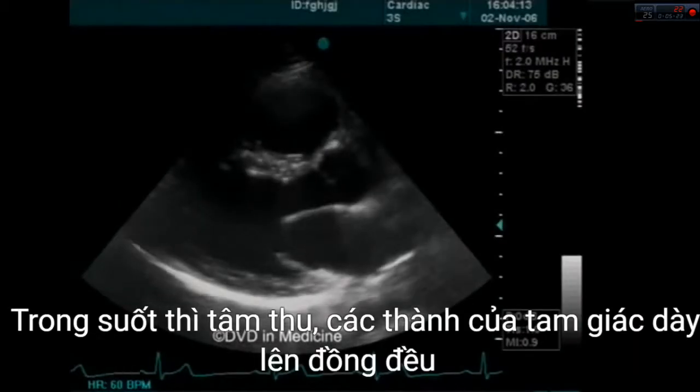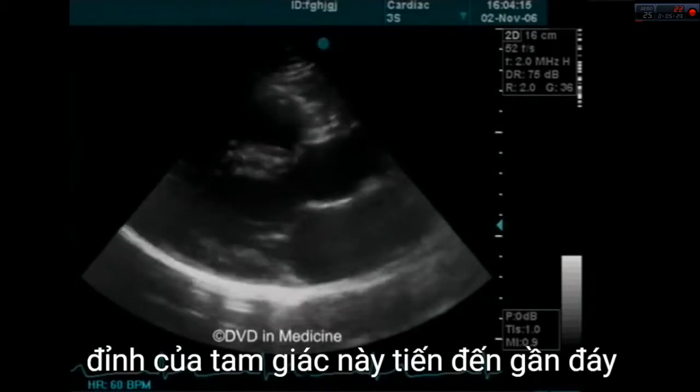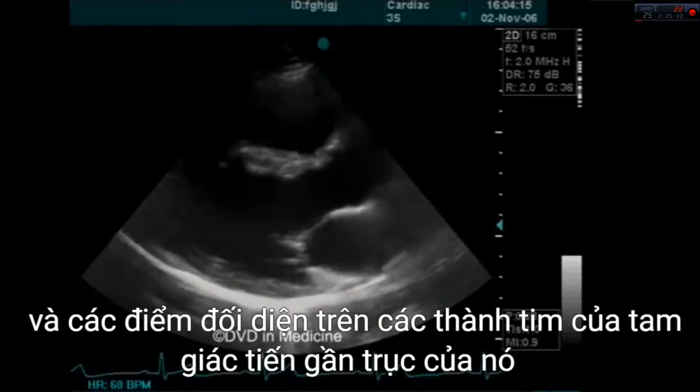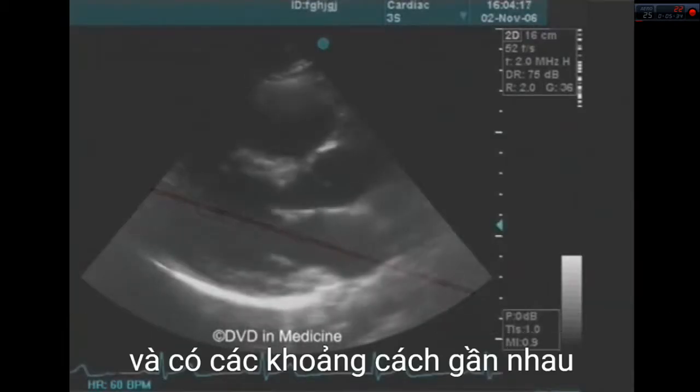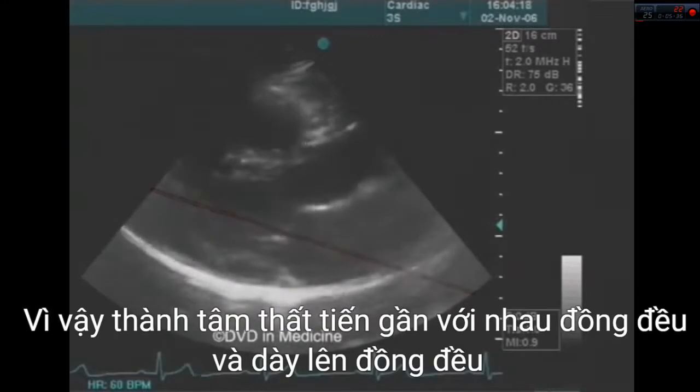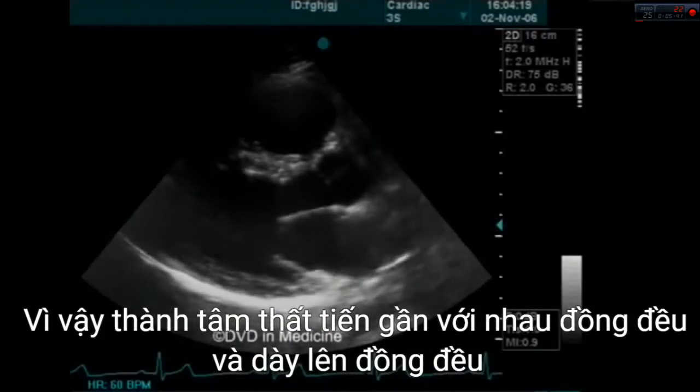During systole, the walls of the triangle thicken uniformly. The tip of this triangle approaches the base, and the opposite dots on the walls of the triangle approach their axis at equal distances. Therefore, the ventricular walls uniformly approach each other and uniformly thicken.